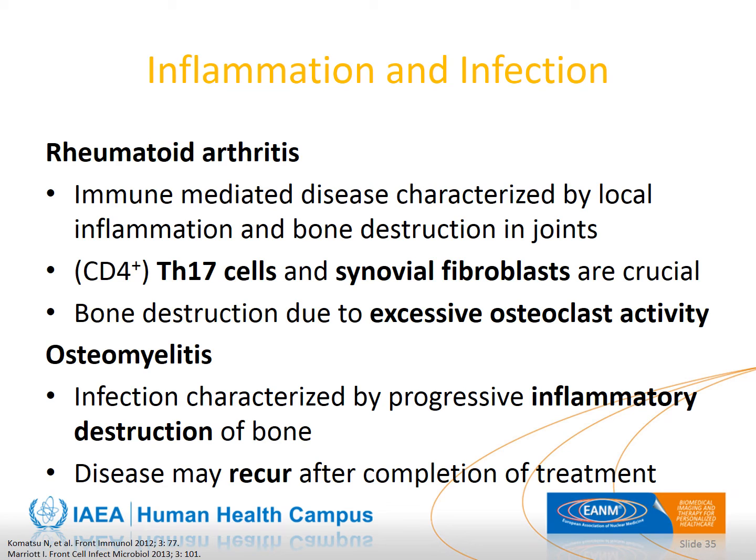Two cell types are central to the disease pathophysiology: CD4-positive Th17 cells and synovial fibroblasts. The resulting excessive osteoclast activation results in bone destruction. Osteomyelitis, on the other hand, is caused by infection with a microorganism, and the resulting inflammatory cascade leads to bone destruction. Intriguingly, this disease can have a relapsing course even after successful therapy.